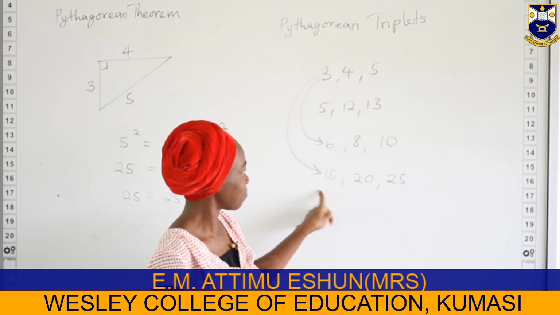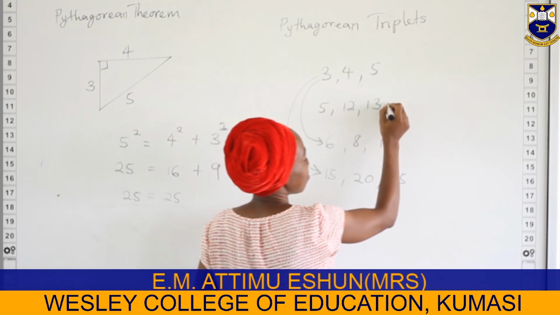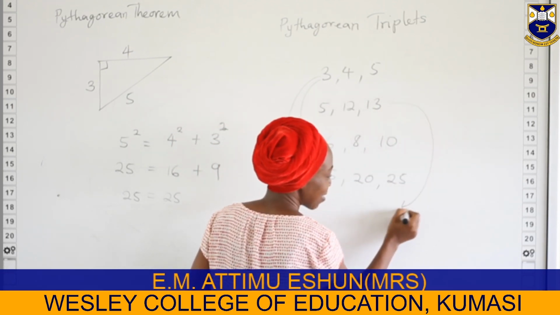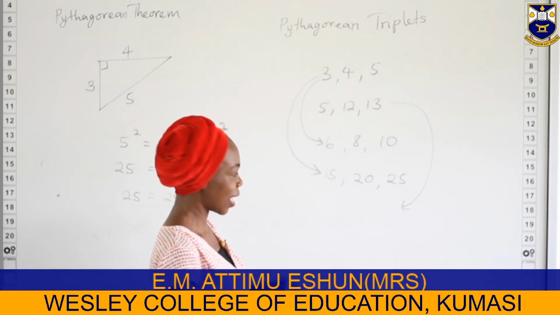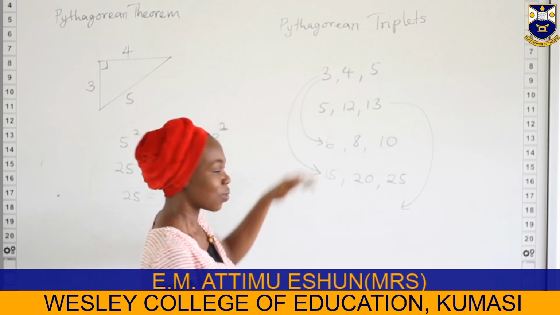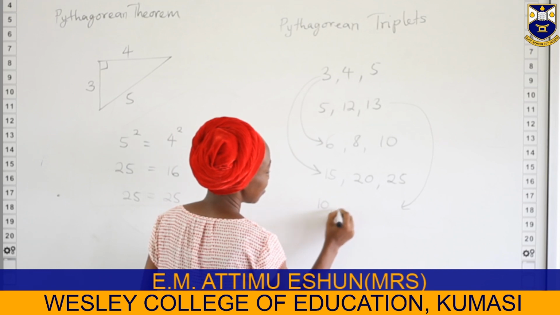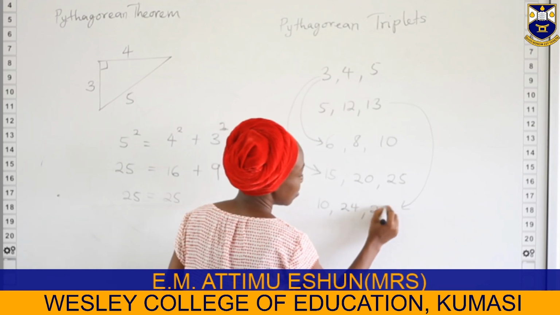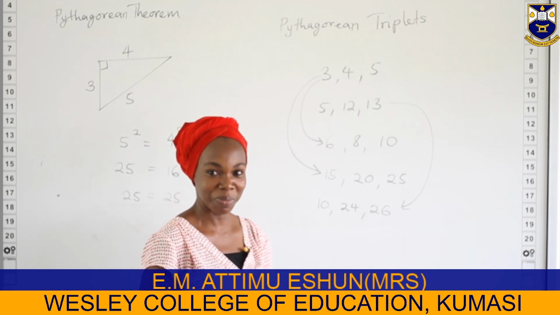If we take this other primitive one, can we generate some more? Yes, we can. Multiplying that by 2, what shall we have? We'll have 10, 24, 26, and that gives us another set of Pythagorean triplets.